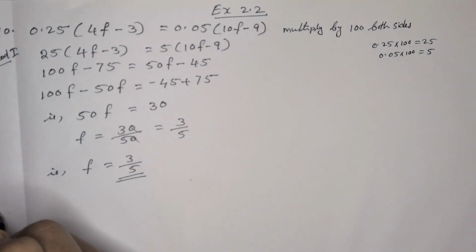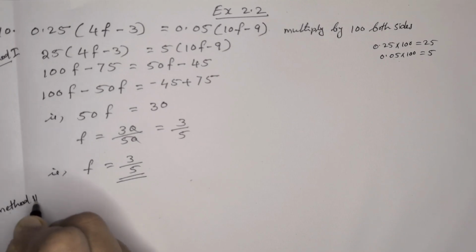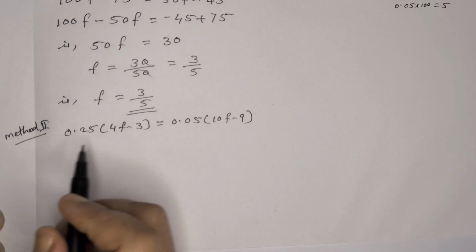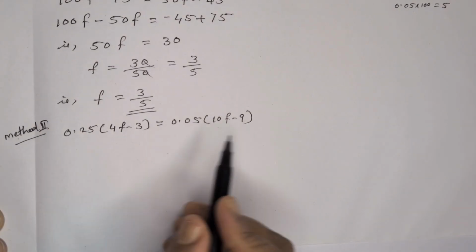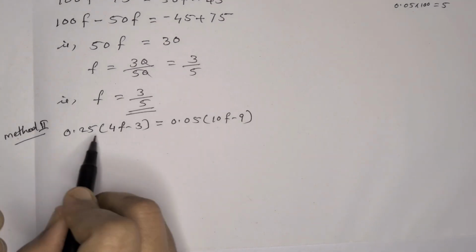If you want to do the other method, directly open the bracket. In the second method, that means directly without multiplying with 100 or without removing the decimal point, just multiply the same way.